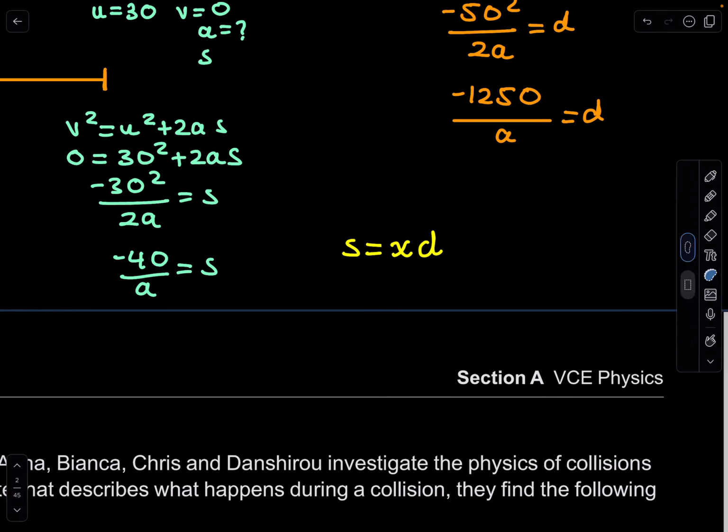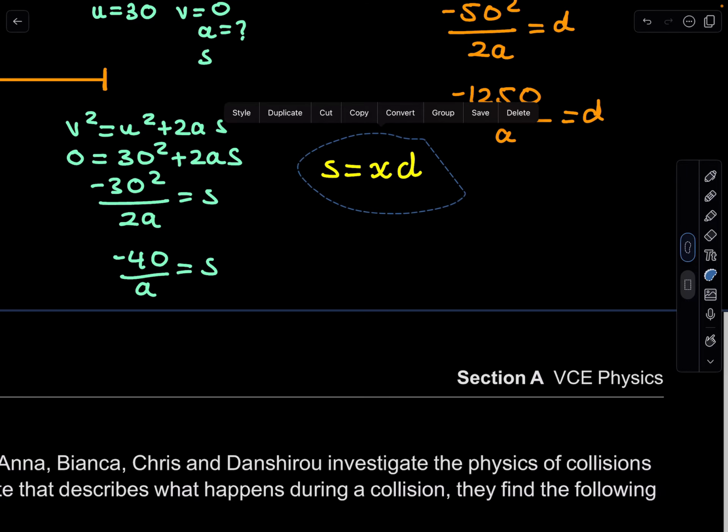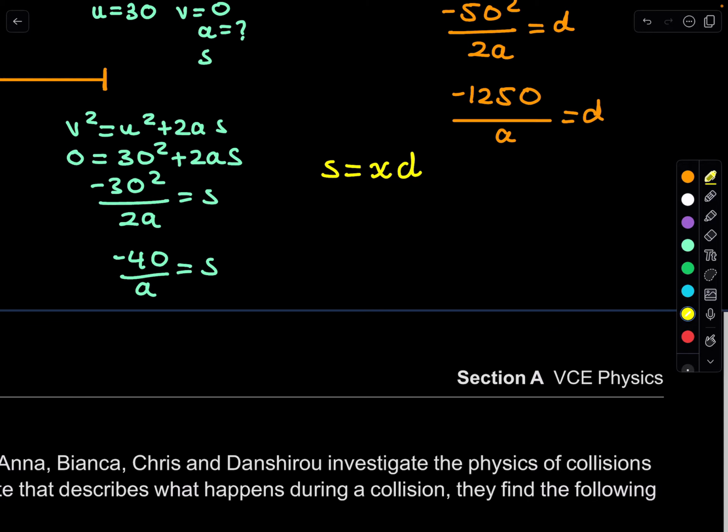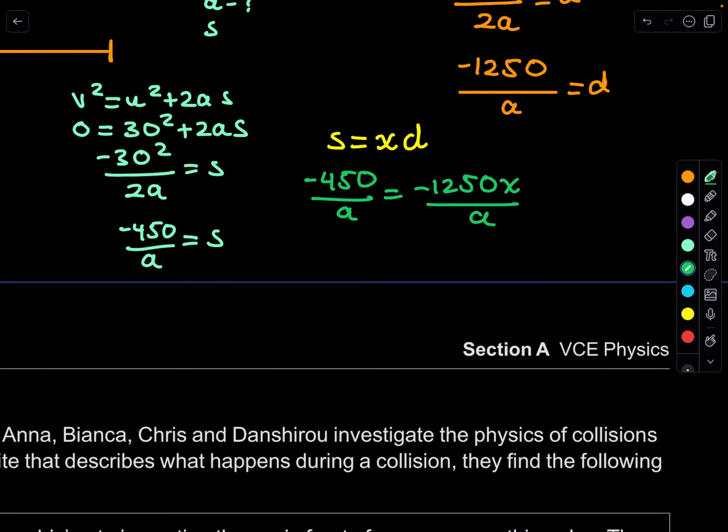All right. So putting this all down here, we get what? Oh, what did I do here? That's supposed to be negative 450. All right, so S is negative 450 over A, which is going to be equal to X times your D, which is negative 1250 X over A. Now, these A's cancel out, and those negatives both cancel out.